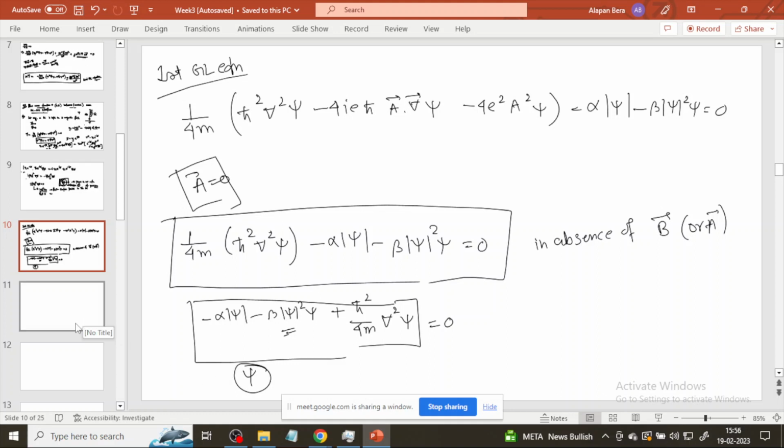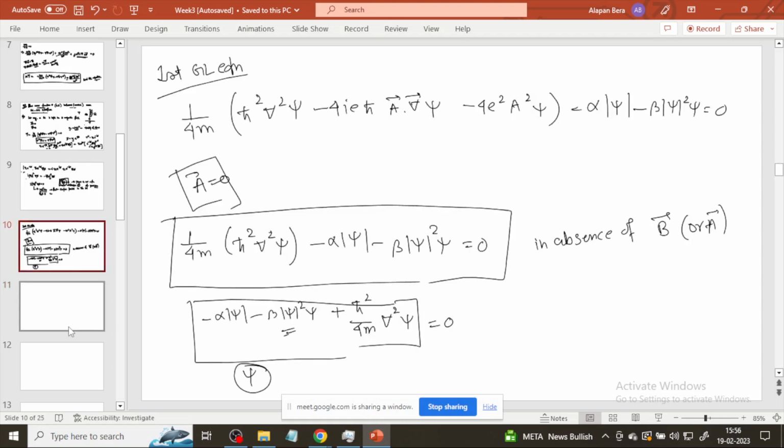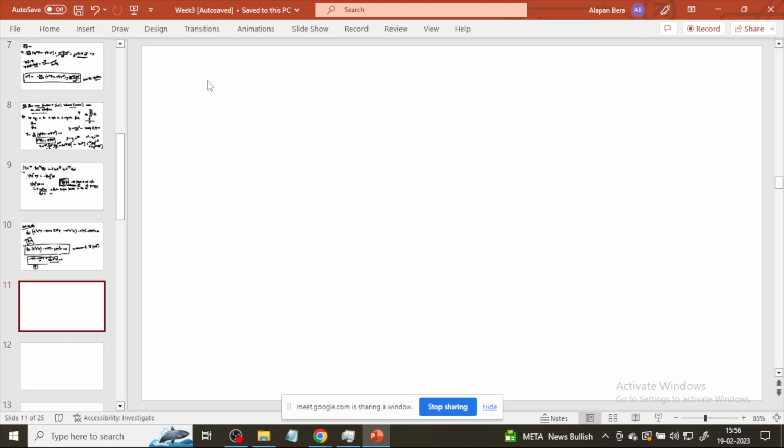Okay. To do that, we will take psi as psi naught times f. Since psi is a space variable function, we take the amplitude psi naught that is independent of space, so this is not a function of space.